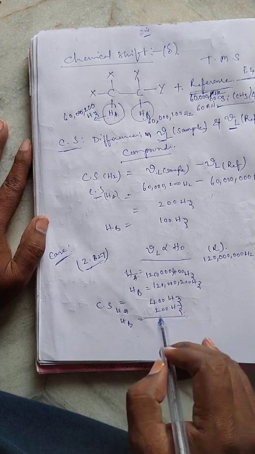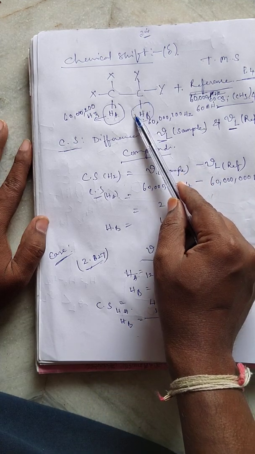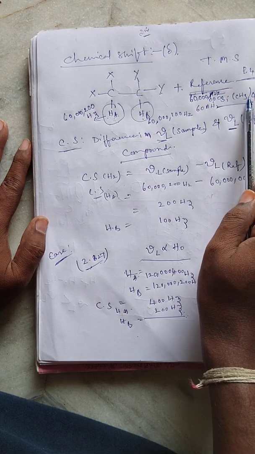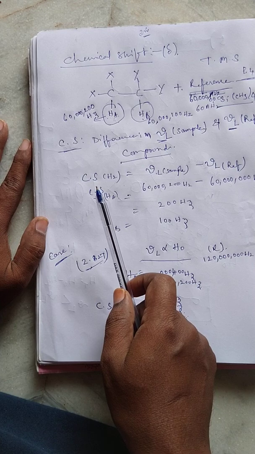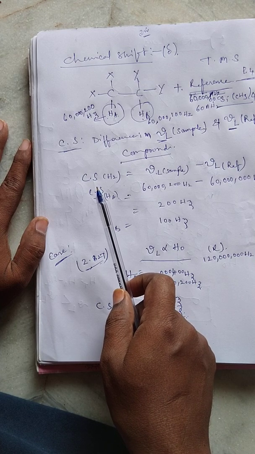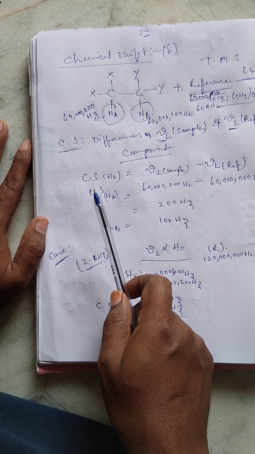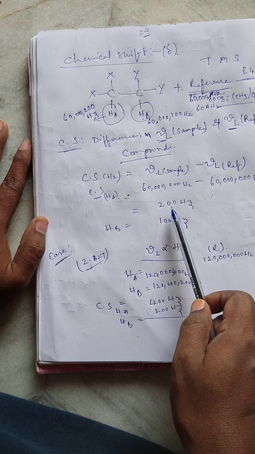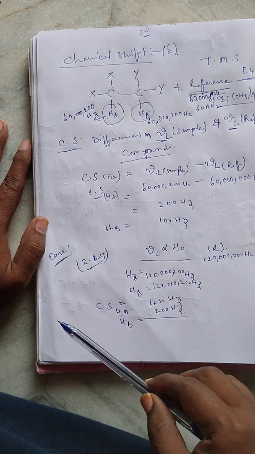So here for the same molecule, same sample with the same reference, at 1.41 Tesla, the chemical shift, or the difference in the Larmor frequency of the sample and the Larmor frequency of the reference protons, is like this. In case 1, 200 and 100, right?